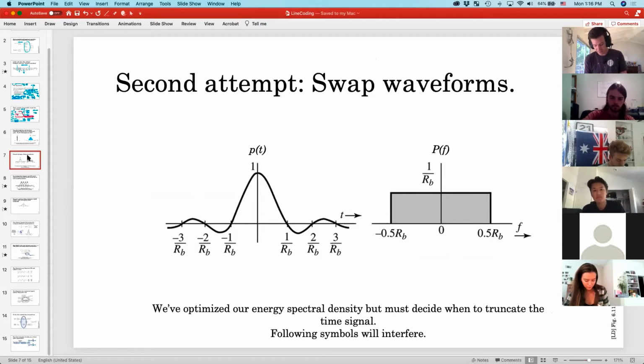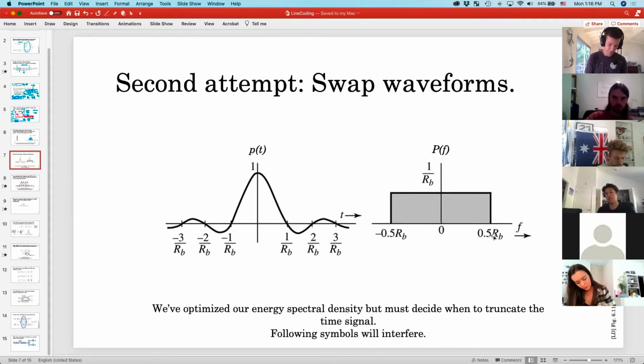And so, yeah, this is not going to be the way to do it either, but it has a couple of things going for it. It is strictly band limited. Great. It is not at all time limited. Okay, so if we're going to send this pulse for every bit, then we need to truncate this, right?